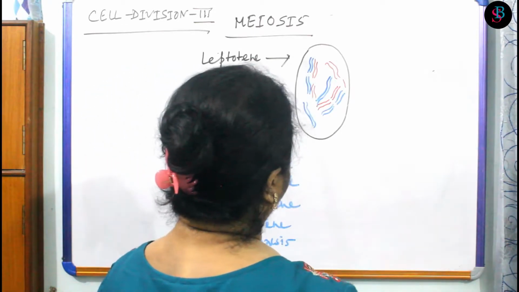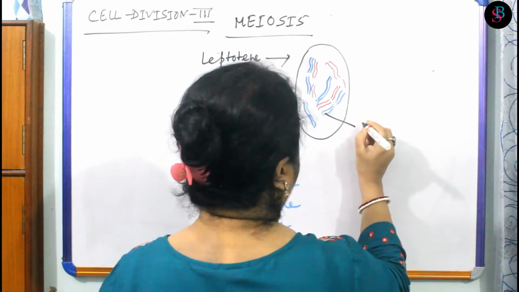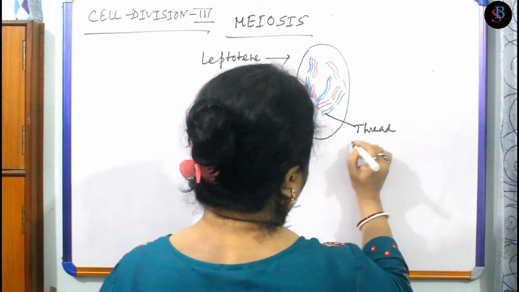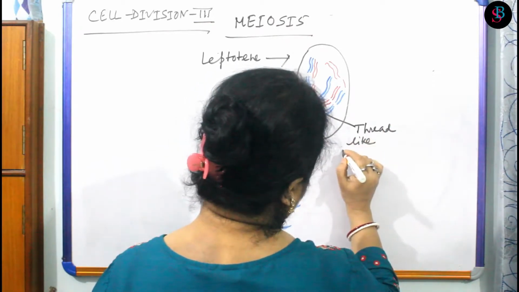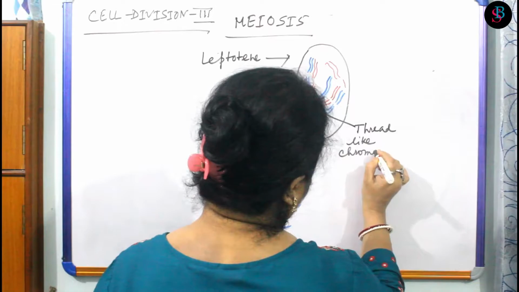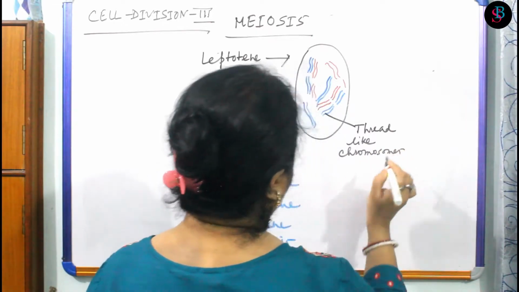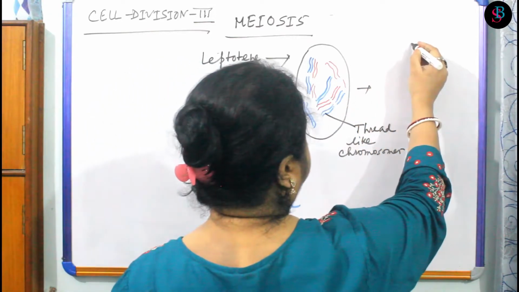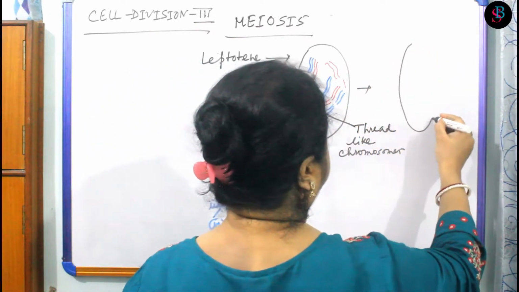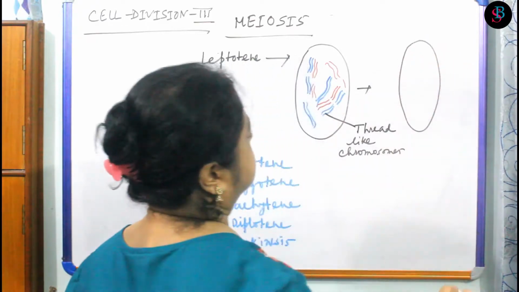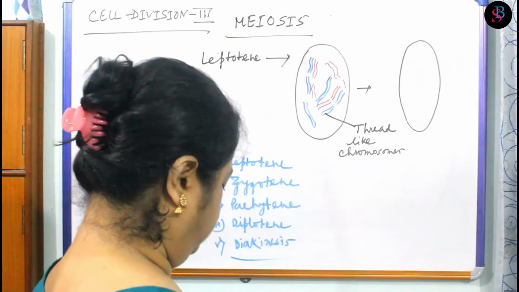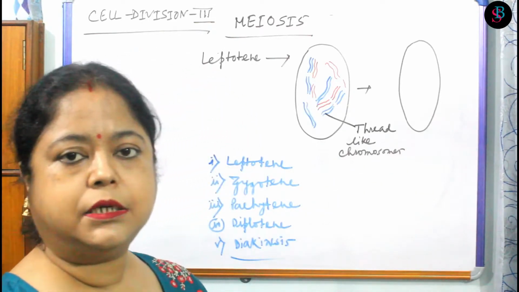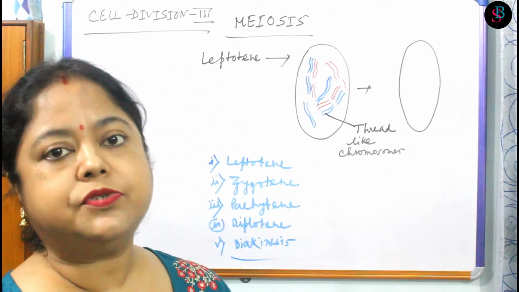And in animal cells, sometimes you can see thread-like chromosomes. You know the terminal end of the chromosome is known as telomere.